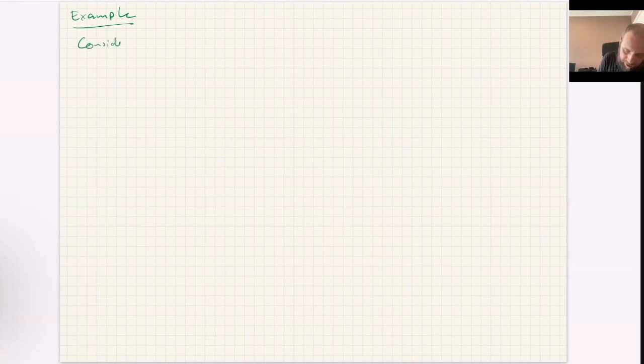So to take that example, actually, let's take the string here. Let's consider the string with an external force now, force f of x, t.